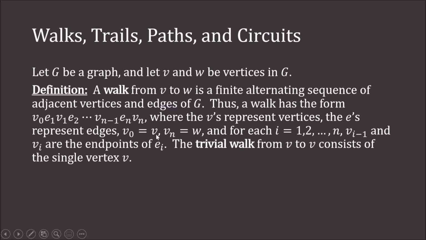V0 is V, Vn is W, and for each i, Vi minus 1 and Vi are the endpoints of the edge Ei. The trivial walk from V to V consists of the single vertex V.